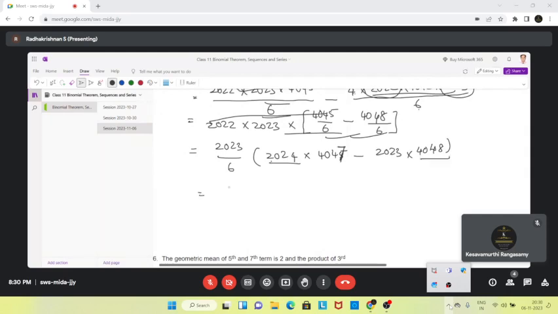So that means we can take 2023 into 2024 whole divided by 6 into 4047 minus 2023 into 2, because we have taken only 2024 out, so 2 will remain. So if you see this 4047 minus 4046, this is 1, so this goes away. So all that remains is only this now.